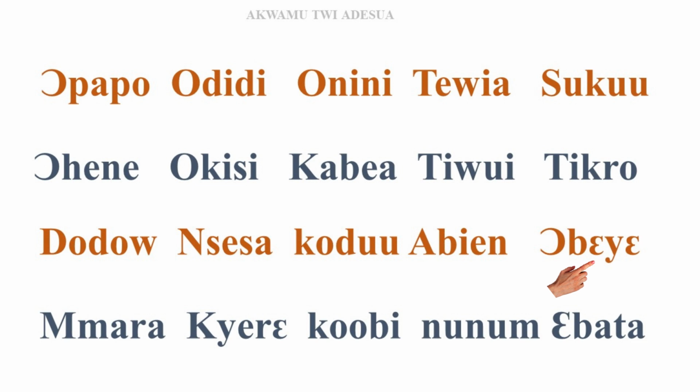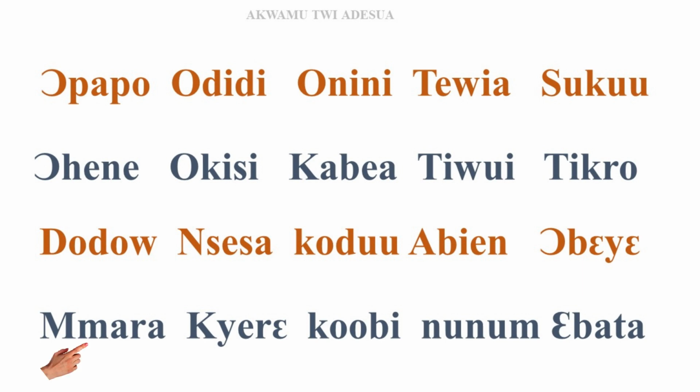So we have the o, we have b, we have the e, which is the inverse of 3, and then the y, and then another inverse of 3, which we call the e. The inverse of 3 gives us the e sound. So we have obeye.